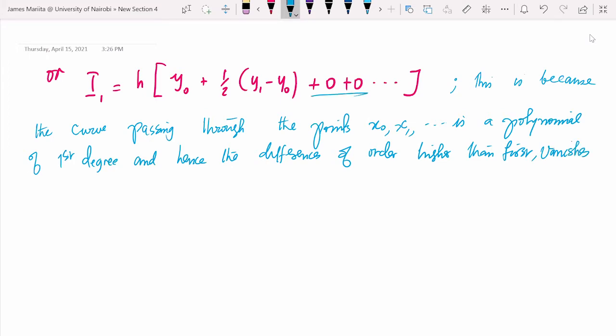That is why we have all these zeros. We go up to the first difference, then the rest will be just zeros. And therefore, in that case, we have the following.